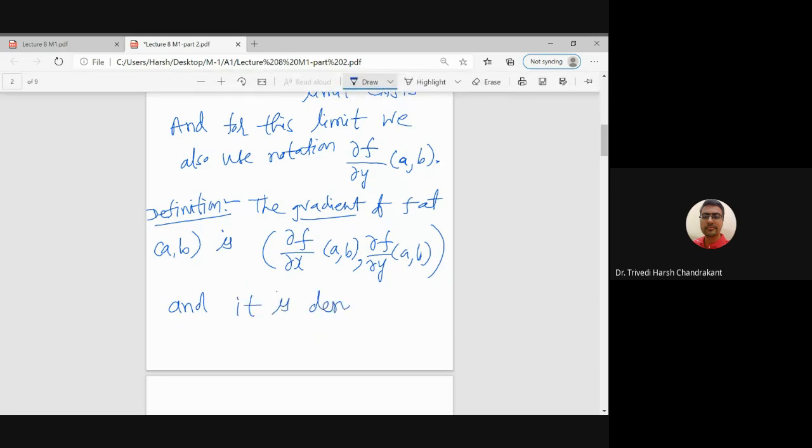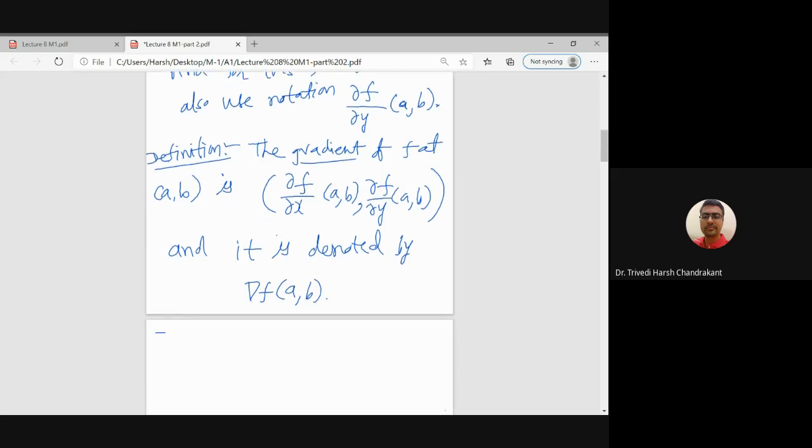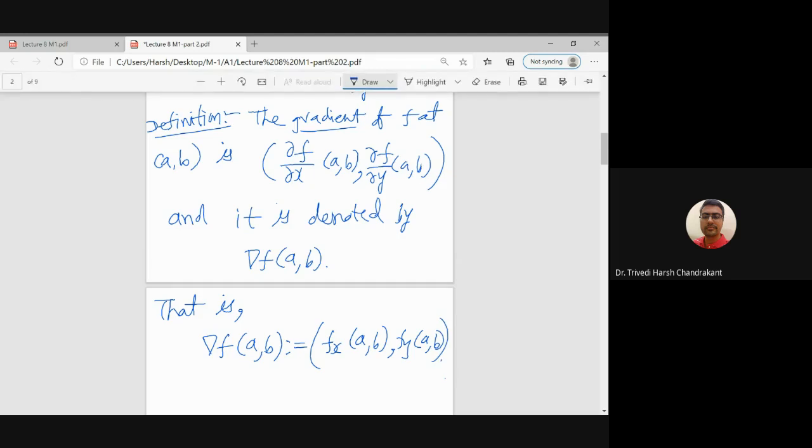is denoted by, so notation for gradient is del f at a comma b, right? So the gradient of the function f at the point a comma b is nothing but the partial derivative with respect to x at a comma b and the partial derivative with respect to y at that particular point.